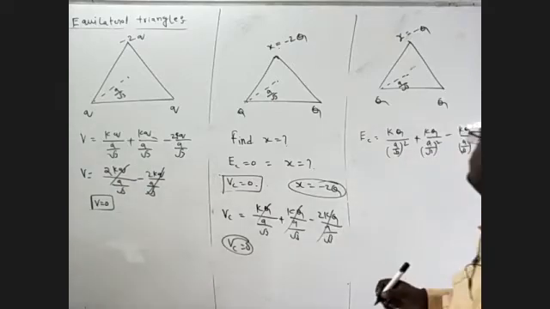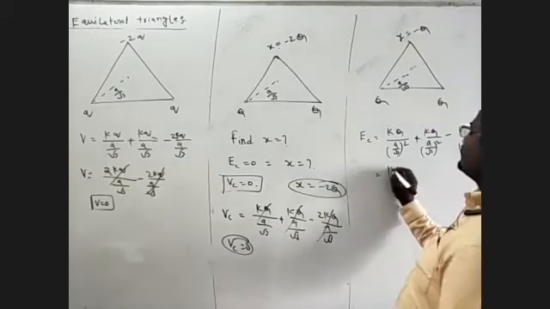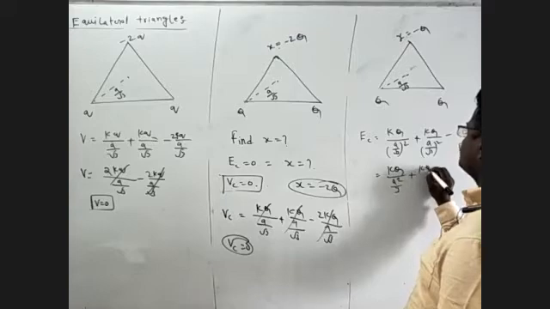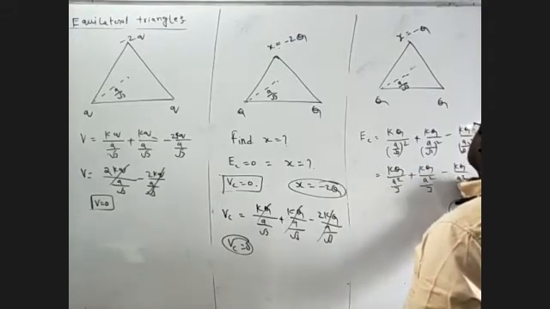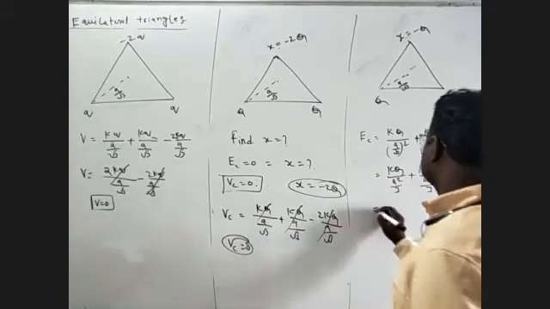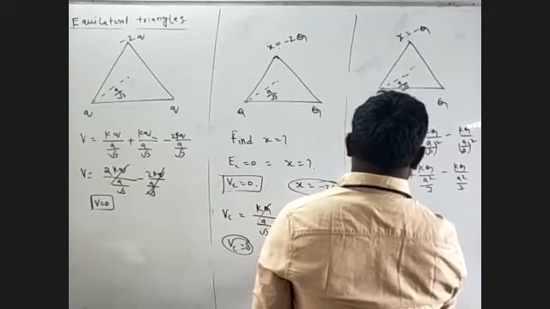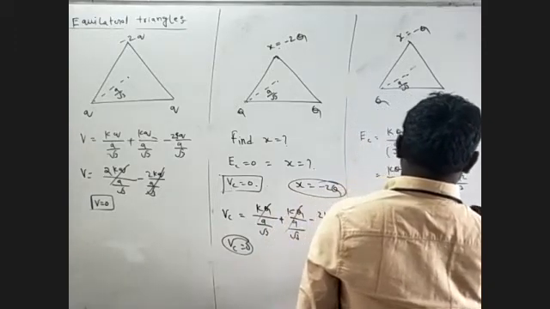So this is kQ by A square by 3 plus kQ by A square by 3 minus kQ by A square by 3, so 3kQ by A square.